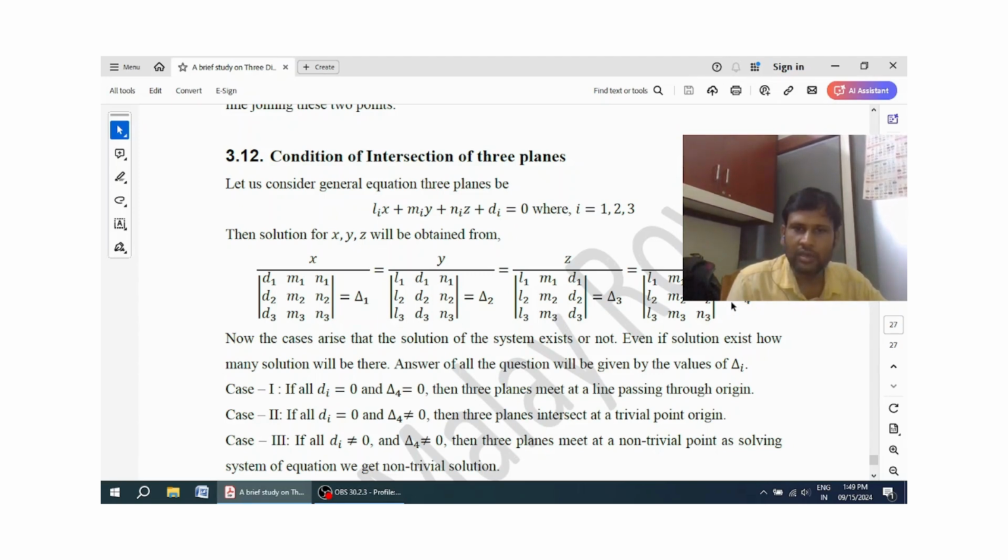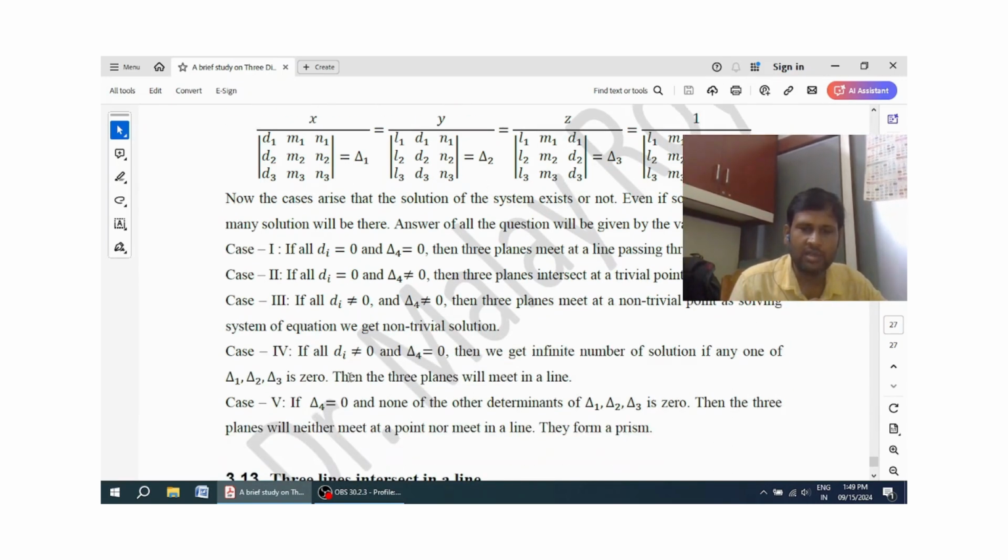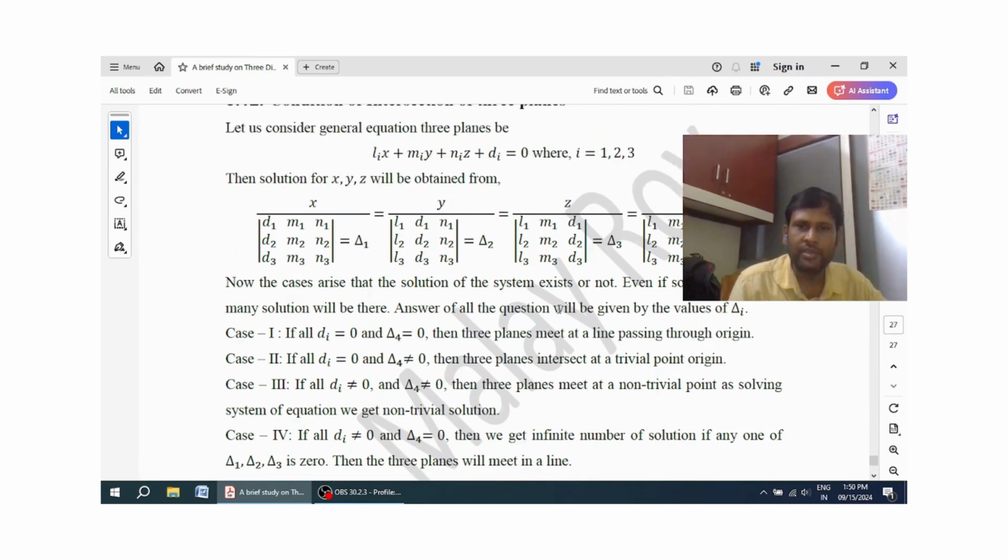Otherwise delta 4 is equal to 0. These three planes intersect in a line if delta 4 is equal to 0 and any one of these three is equal to 0. There are 5 cases given here. Read all these 5 cases and get an idea about this article.